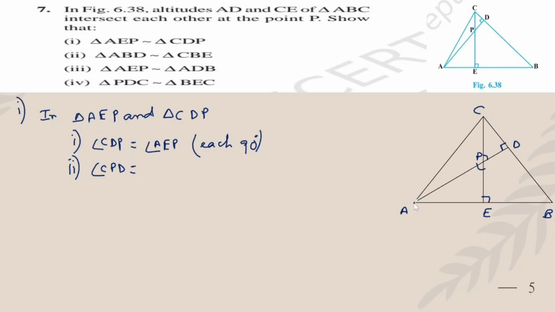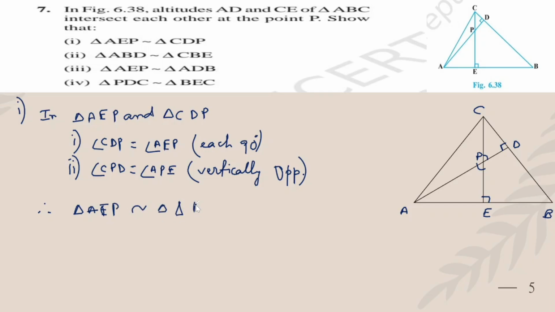For that, the triangle APE, angle APE, vertically opposite angle. And you know vertically opposite angles are equal to each other. So therefore triangle AEP is similar to triangle CDP by AA rule. Got it?